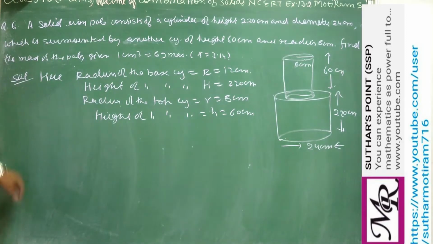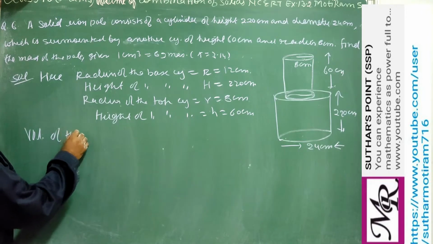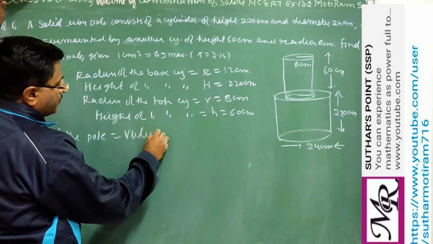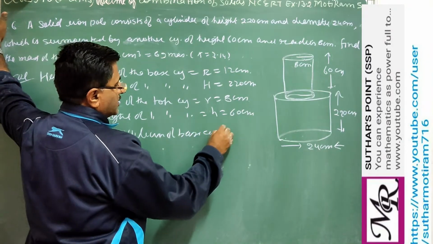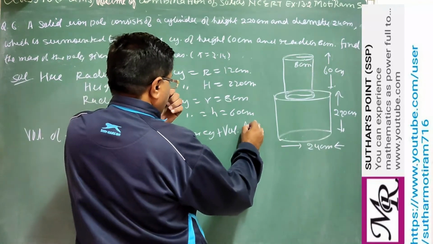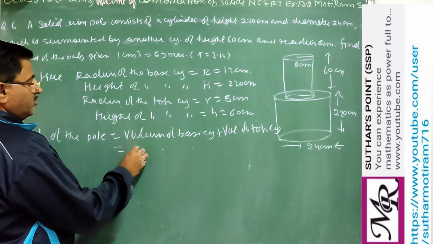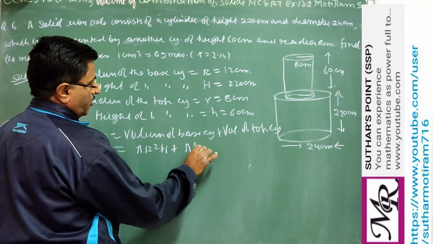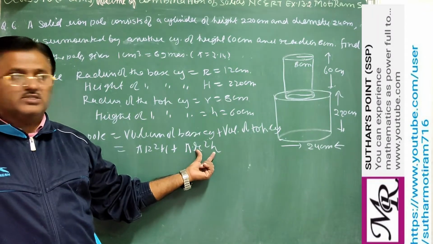Clear? Now volume of the pole is equal to volume of base cylinder plus volume of top or upper cylinder. So the formula for volume of base cylinder is pi R square H and volume of top is pi r square h, both will be there.